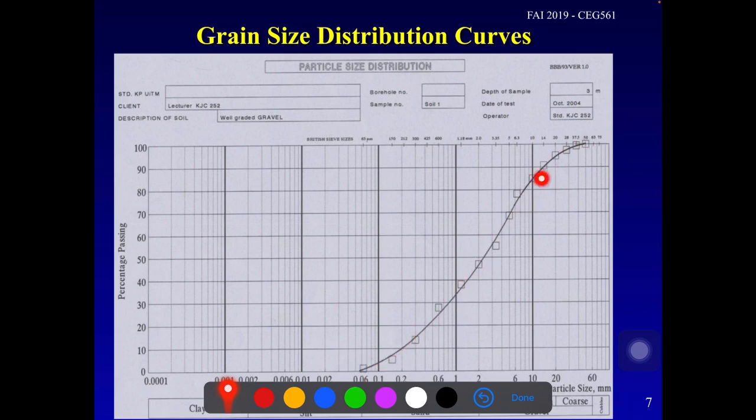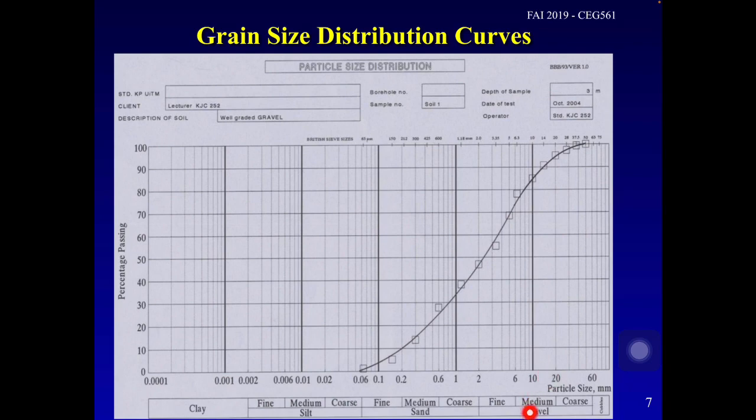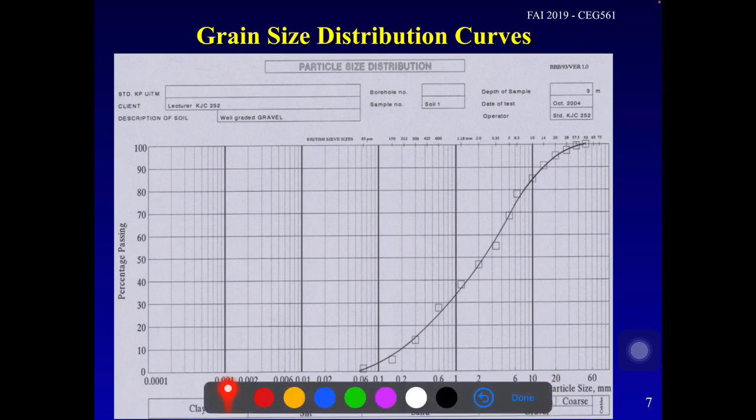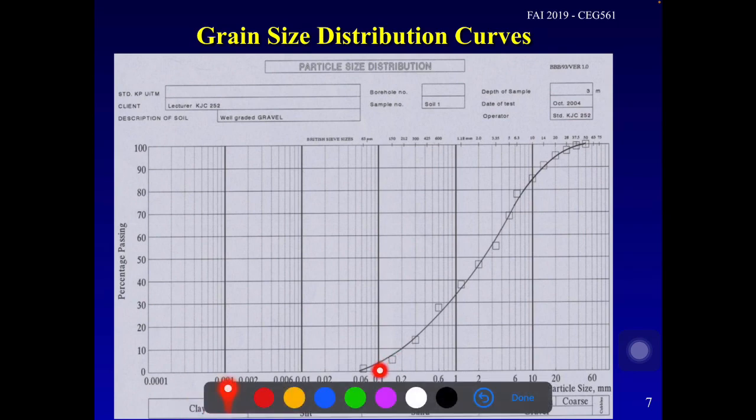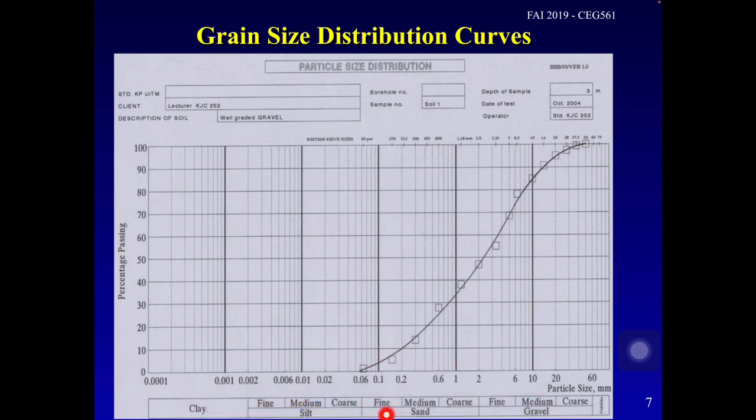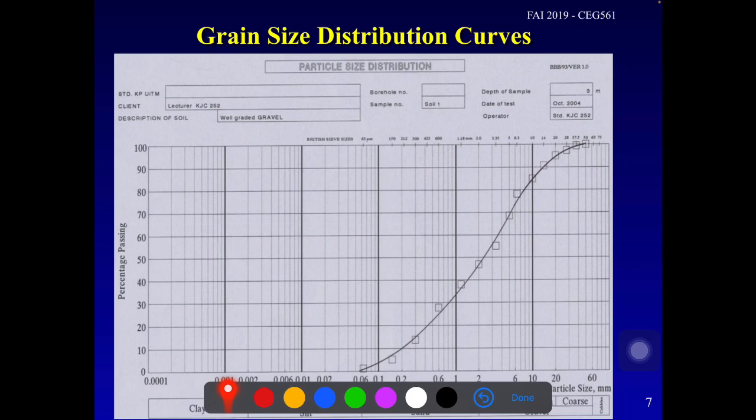Based on this graph, you will get the percentage of gravel, sand, how much silt, and how much clay. In this case, it only contains gravel and sand. So this is well graded gravel.